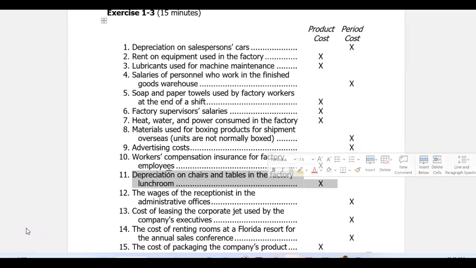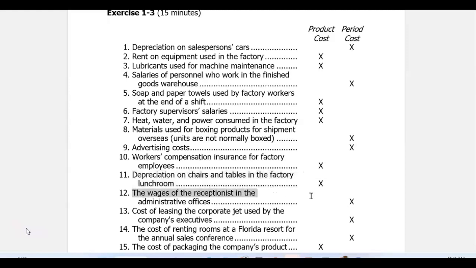But if it says depreciation on chairs and tables in the office, then it will be operating expense / general administrative expense under the category of depreciation expense. The wage of the receptionist in the administrative office, that is operating expense / general administrative expense / period cost.